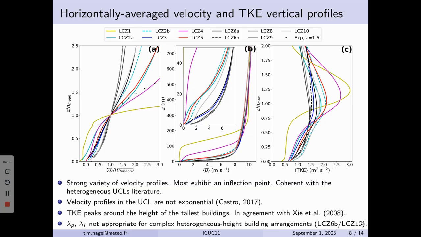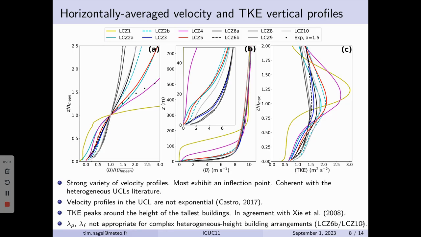What we can see is that in some cases, the lambda p, the plan area density, and the frontal area density lambda f give you different results, even though they are quite similar. For example, this would be the result for LCZ 6, whereas LCZ 10 is here. Even though they have very similar lambda p or lambda f, you get a different profile.